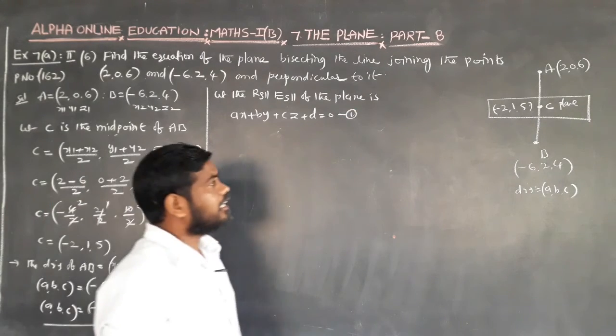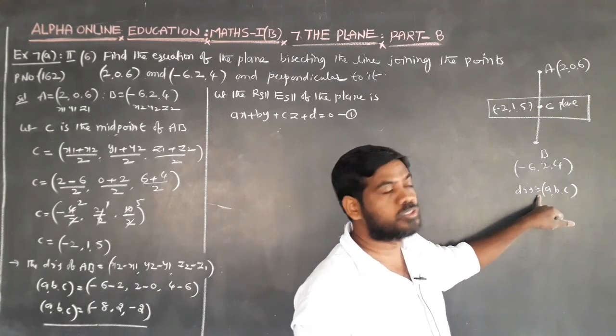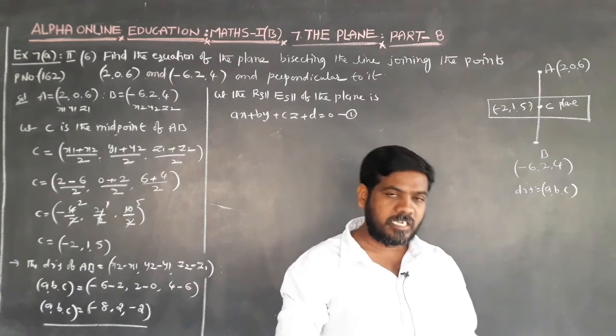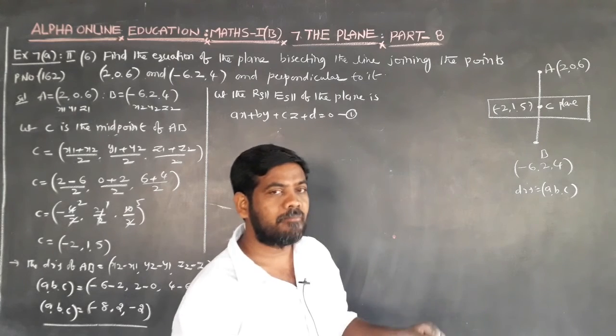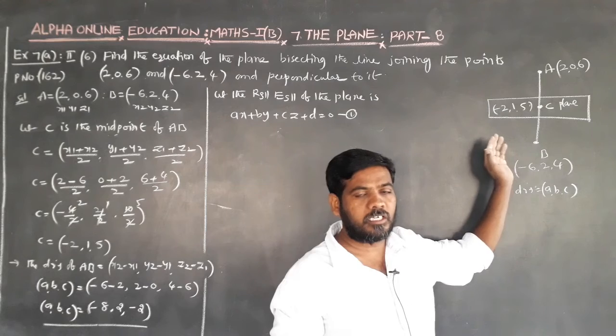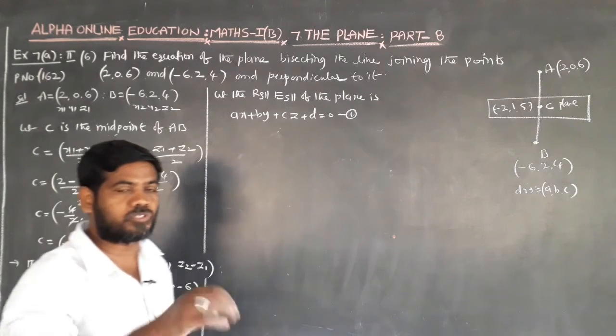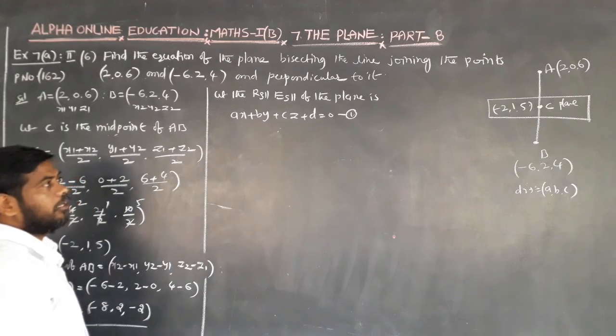Here a, b, c are direction ratios of the line AB. Line AB is perpendicular to the plane, so a, b, c are the direction ratios of the normal to the plane.